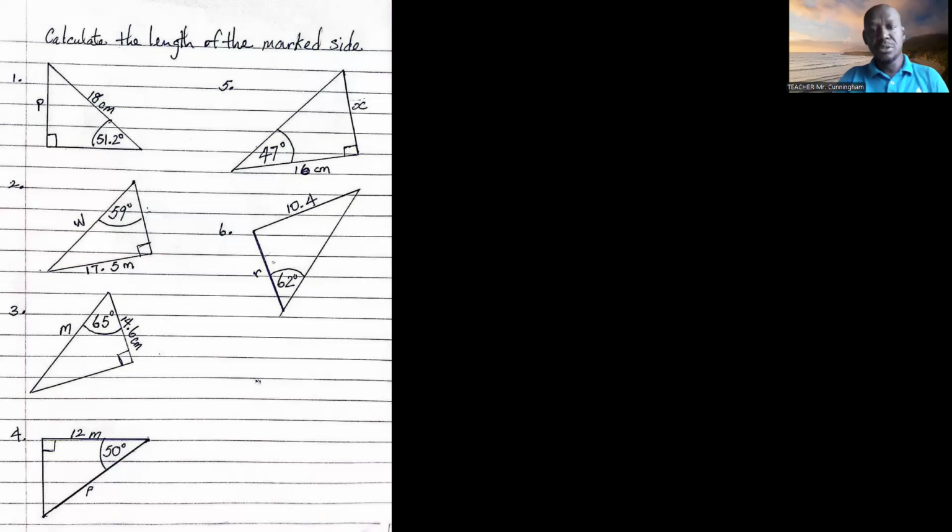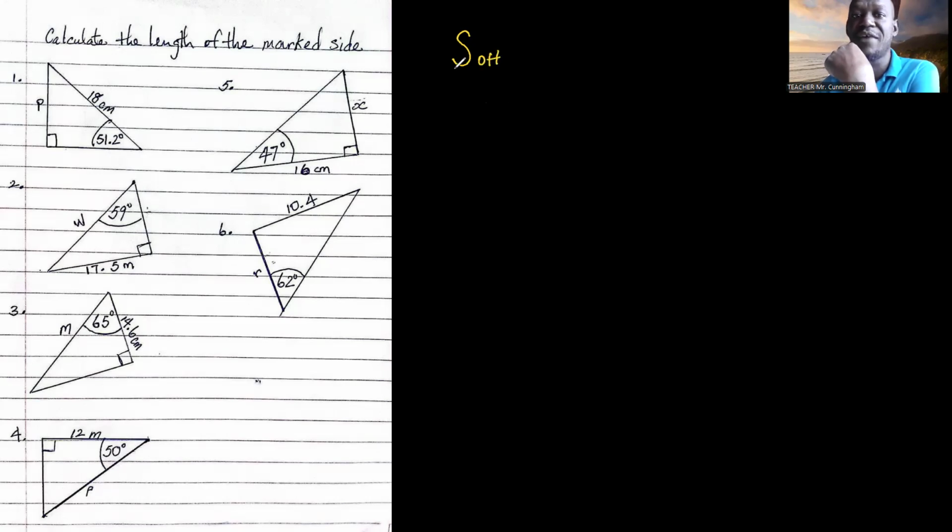This evening, we are going through trig ratios. I want to first review the rule so that people will know what to do. It's a very simple rule. Sine is opposite over hypotenuse.